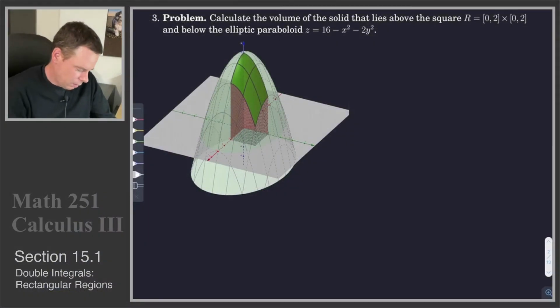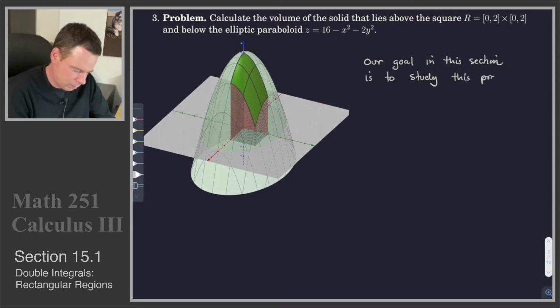So that's the big picture of what we're doing today. Our goal in this section, in order to solve this problem of what is the volume, is to study the volume problem by using a Riemann sum.